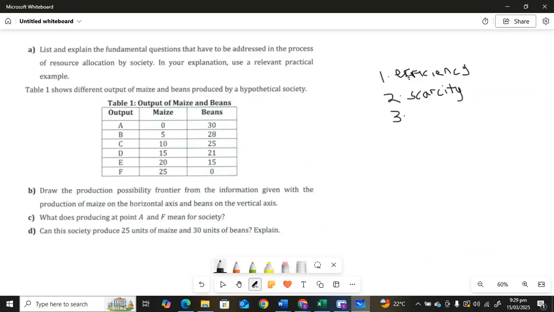So you've got efficiency, scarcity, and opportunity cost. What is an opportunity cost? Anybody?